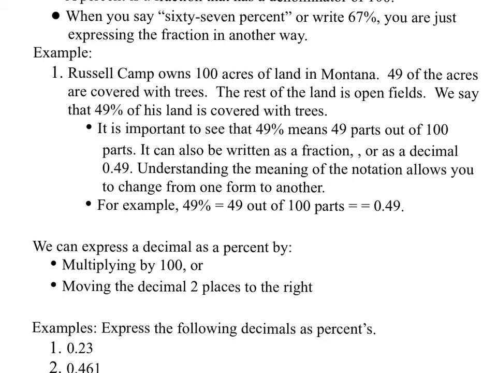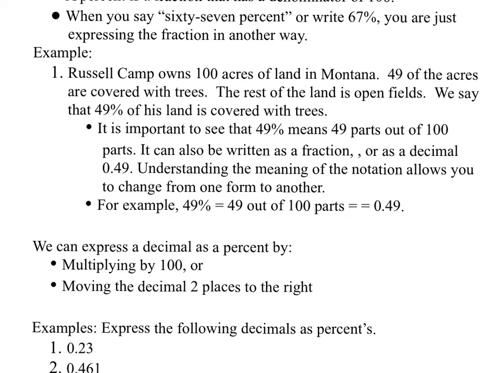Here we are covering percents in section 1.3, continuing with our unit 1. The word percent comes from the Latin phrase percentum, meaning by the hundred or for every 100. A number written as a percent is being compared with a second number called the standard or the base.